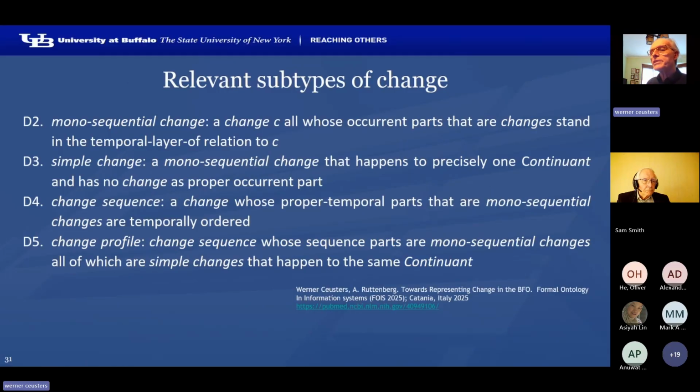Some more definitions which are relevant. A simple change is a monosequential change that happens to precisely one continuant and has no change as proper occurrent part. And a change sequence would be a change whose proper temporal parts that are monosequential changes are temporally ordered. A special case of that would be a change profile, where all those changes are actually simple changes that happen to the same continuant.